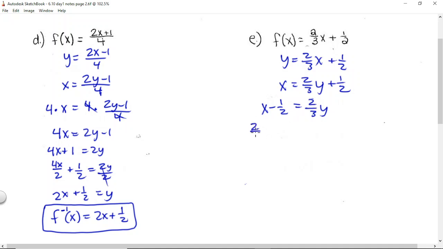So on the left, we have 2/3 times our x minus 1/2. Oh, not 2/3. Sorry, guys. 3/2. Multiply by the reciprocal, not by the same number.